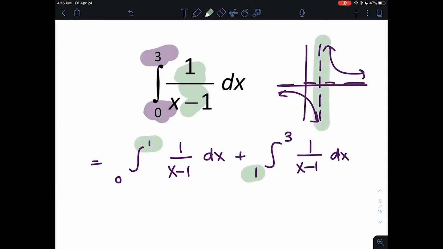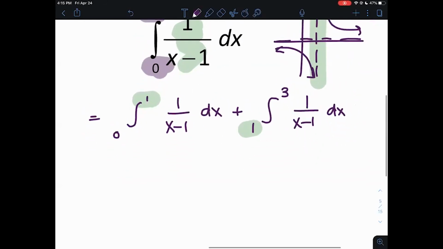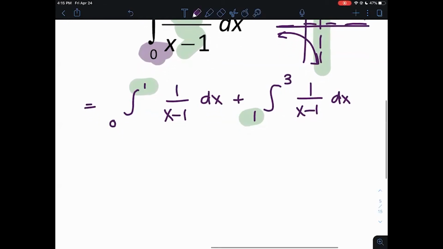So we are looking at this issue right here. We need to work in a limit here as well, to talk about the limit as x approaches 1, because of that vertical asymptote.